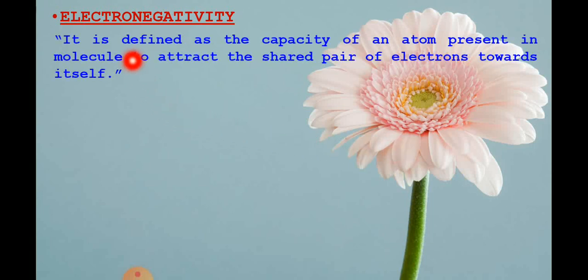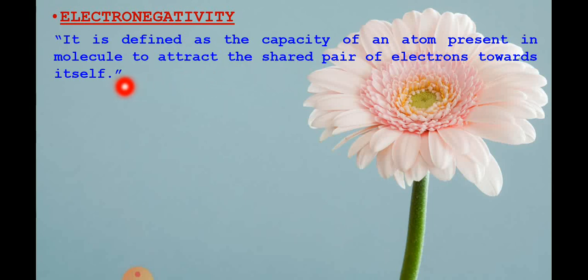Electronegativity is defined as the capacity, the power, the tendency of an atom. It's a power of an atom, a capacity of an atom present in a molecule. What is this power, this capacity?